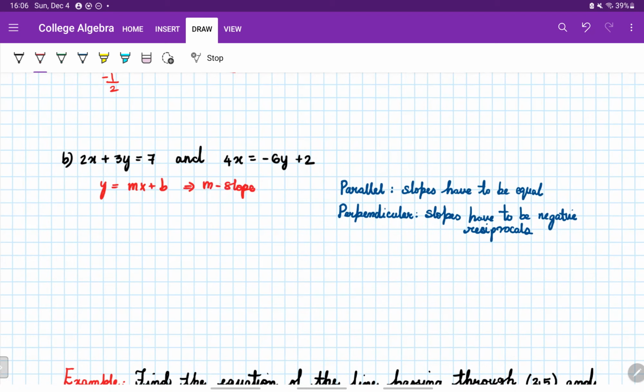So let us write down our first equation in the slope-intercept form. That would be 3y equals negative 2x plus 7, and y equals negative 2 by 3 x plus 7 by 3. So here we have our m as negative 2 by 3.